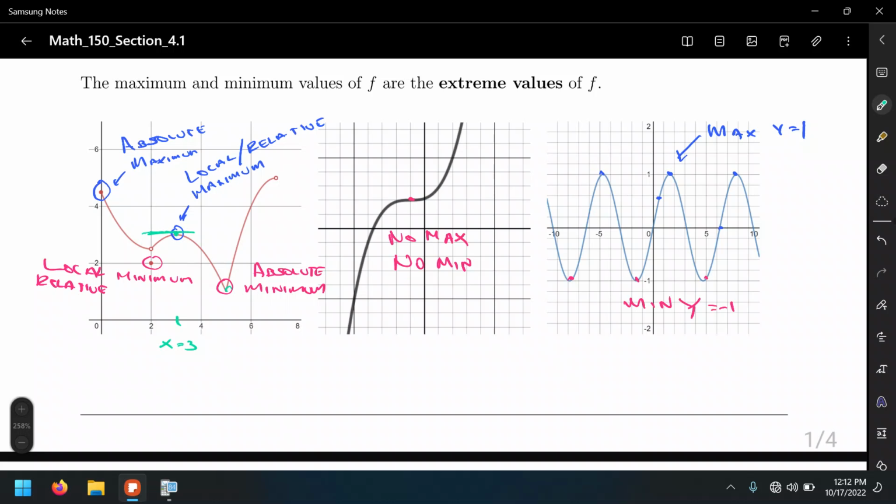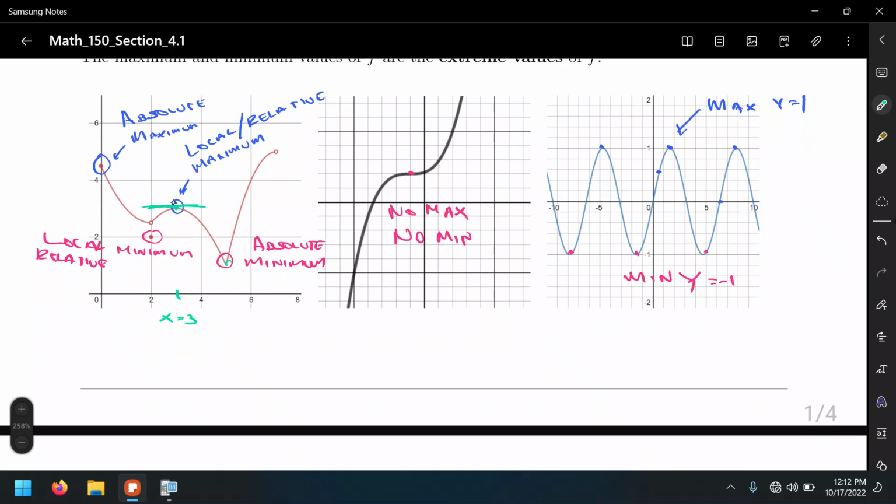That is, if we trace a tangent line, the slope of that line would be 0, all right? And these numbers that make the derivative equal to 0 are called critical numbers.